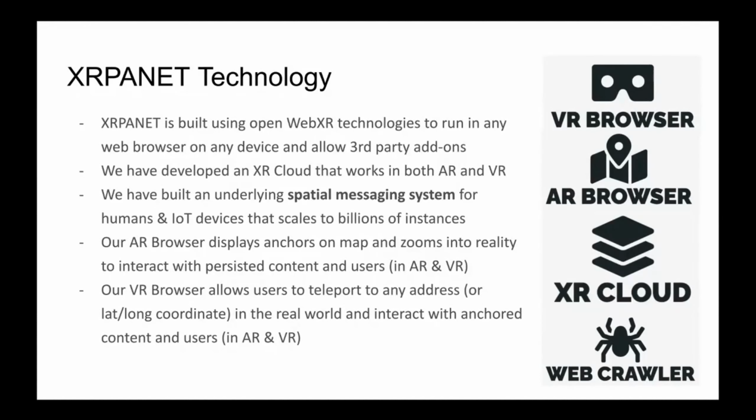And then interconnecting all of these services is a spatially aware messaging platform that's built using IoT MQTT protocols to scale at supporting billions of instances at the same time. Not only humans interacting with other humans in locations, but also IoT devices chirping certain things, or even anchors, with the spatial web engine, being able to have anchors communicating to people in those vicinities. So I'm going to walk you through that.